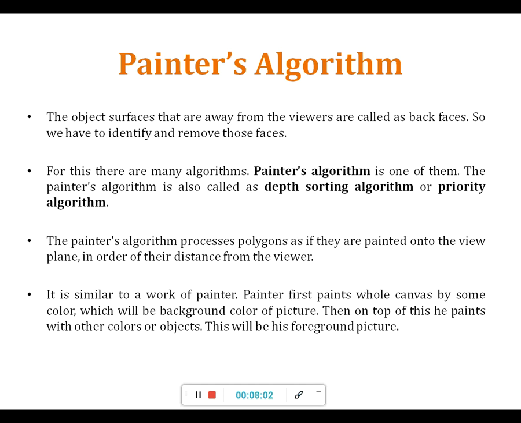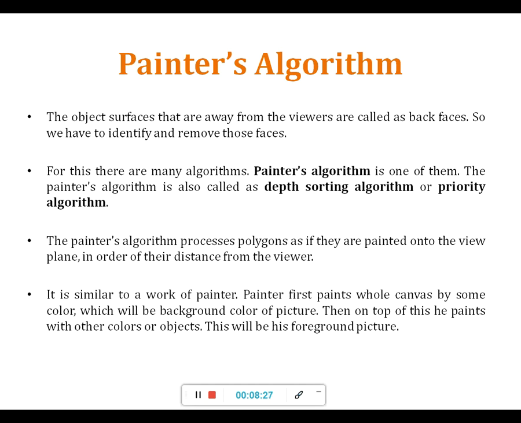If I can see 3 or 4 objects from this viewing point, and I want to paint those objects onto one canvas, how am I going to place those objects in order of their distance from my eye, from the viewer? According to that distance we are going to paint.